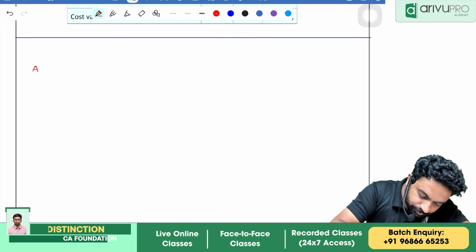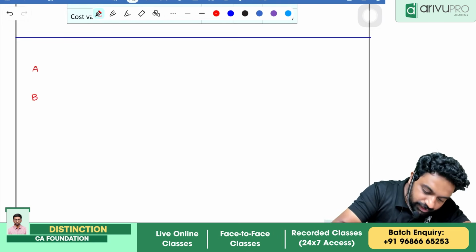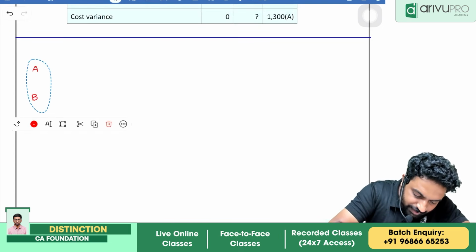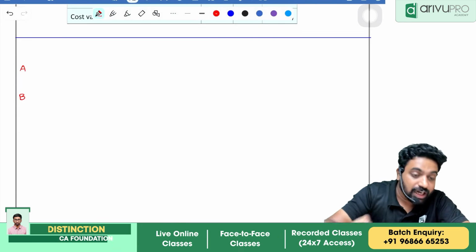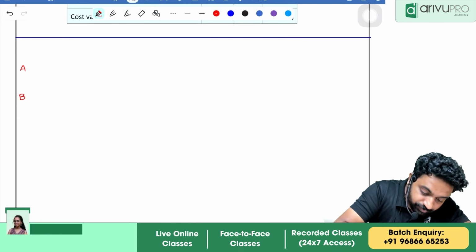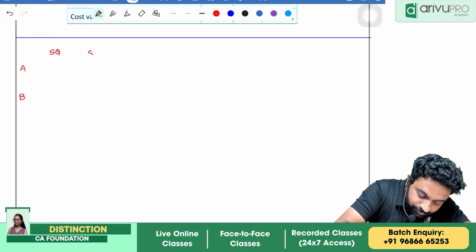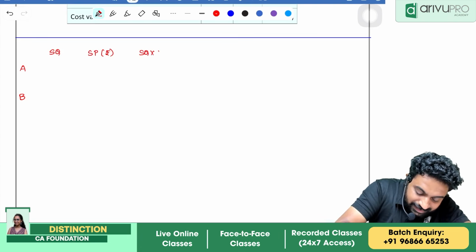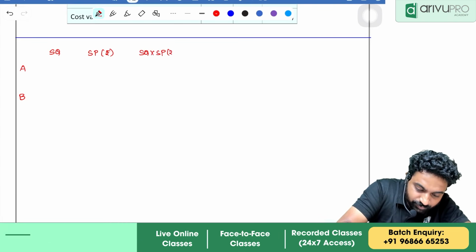A, B. What and all information do we want generally whenever the question is having unknown numbers? Standard quantity, standard price, standard quantity into standard price.